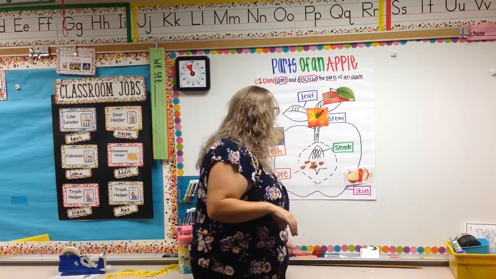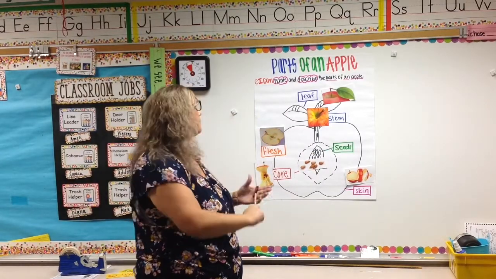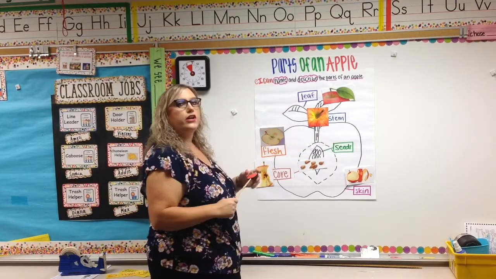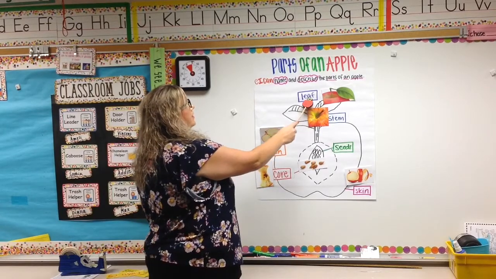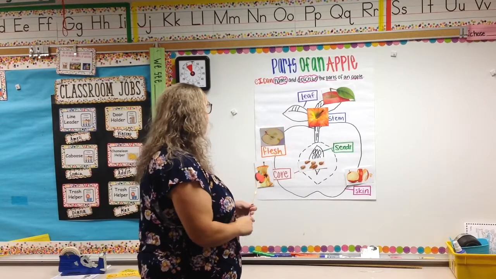Alright. We're going to review this poster one more time with my apple pointer. We started up here with the stem that's usually brown in color, and it is where the apple connects to the tree. Then we have the leaf that's also connected to the stem and usually green.